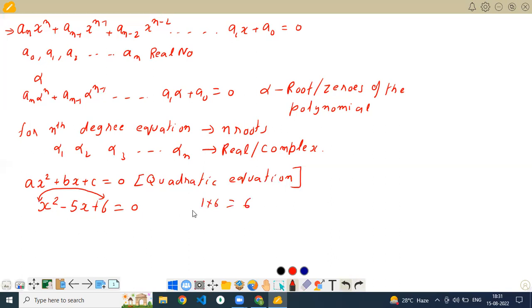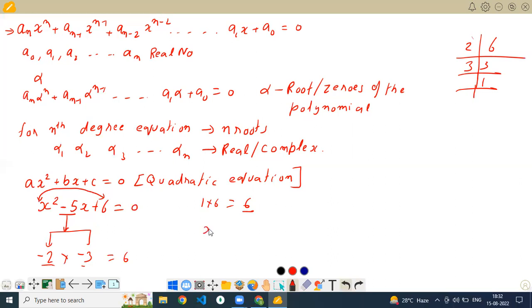And then we do middle term splitting, such that the sum comes out to be minus 5 and the product comes out to be 6. So when you take the factors of 6, 2 and 3 are the two factors of 6, so the factorization becomes easy. We can say this is minus 2 and minus 3. Minus 2 minus 3 gives minus 5, and minus 2 multiplied by minus 3 will give us plus 6.